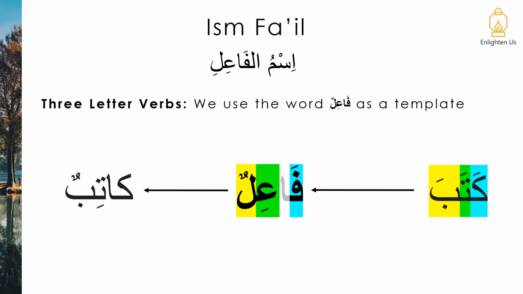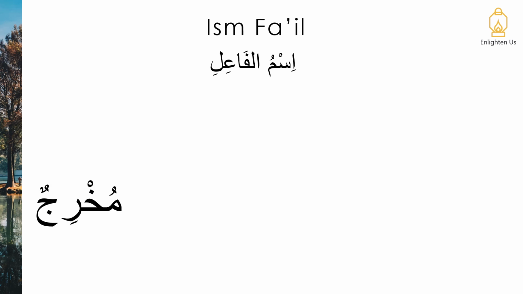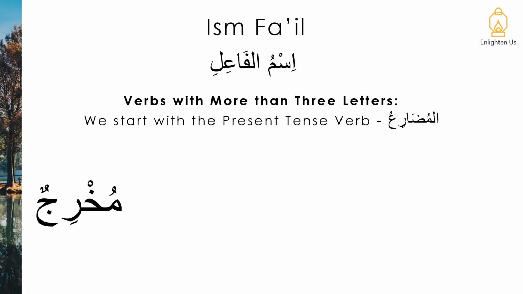What is the process for those that have more than 3 letters? Let's have a look. Now, for verbs with more than 3 letters, we start with the present tense, al-mudari. So if we want mukhrij, what is our process? Well, we start with yukhriju.